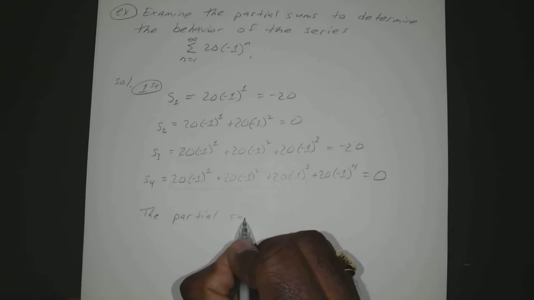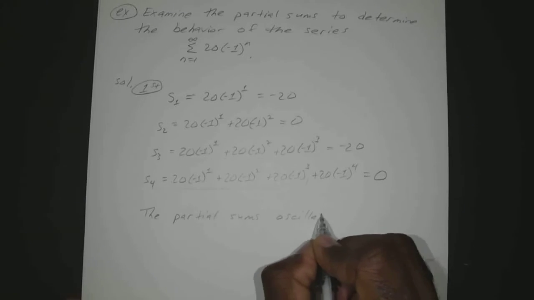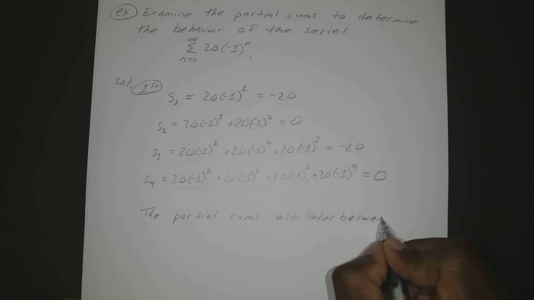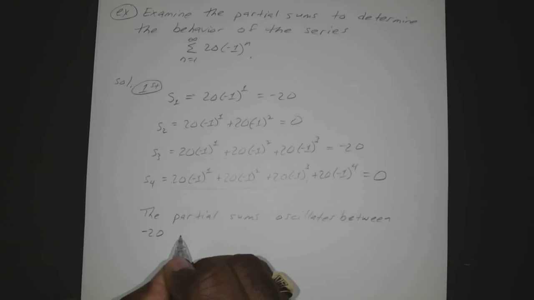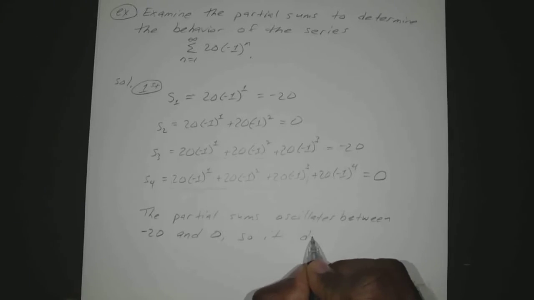The partial sums oscillate between negative 20 and 0, so it diverges.